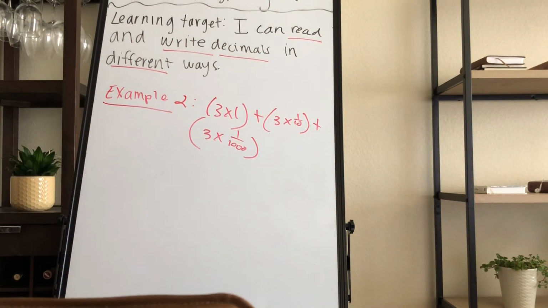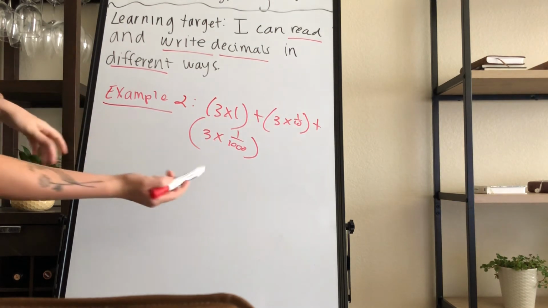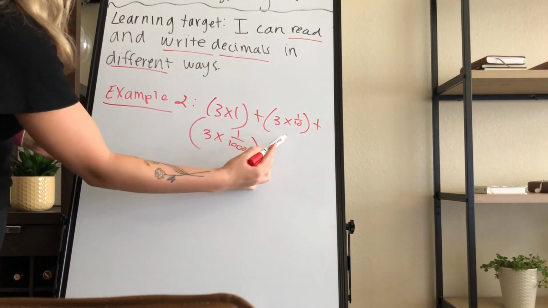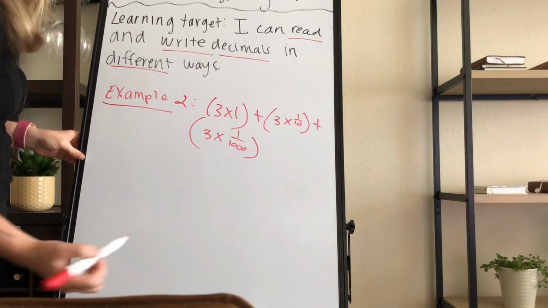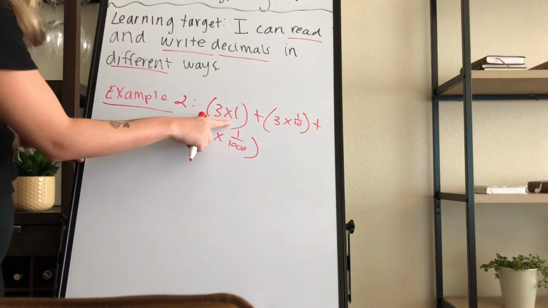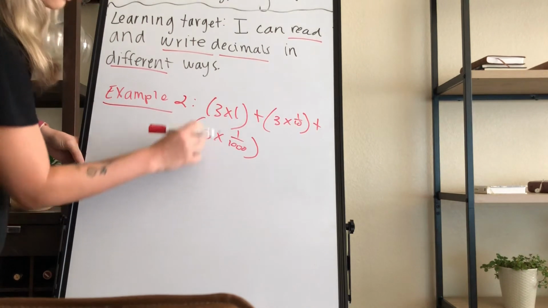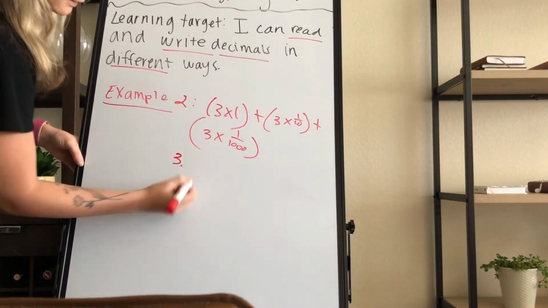Okay. So we know there's going to be a decimal here because we have our fractions. We have a 10 and we have a 1,000 in our denominators. So let's take a look. 3 times 1. We know that'll be a 3. There's no fraction and that is the ones place.